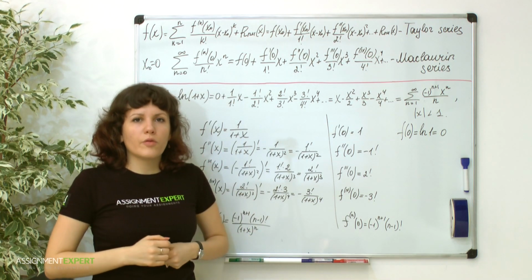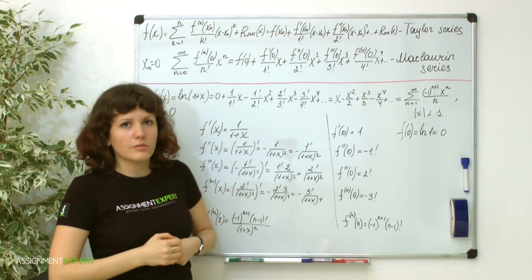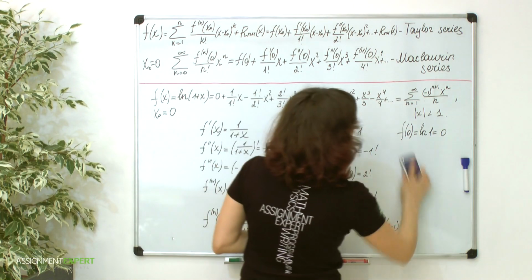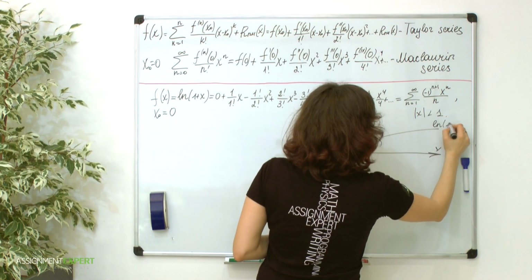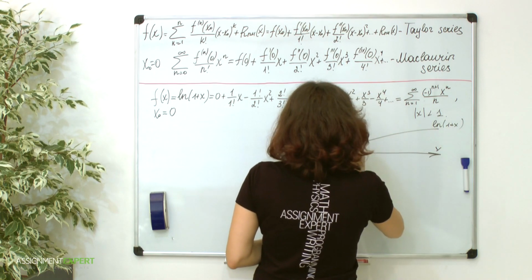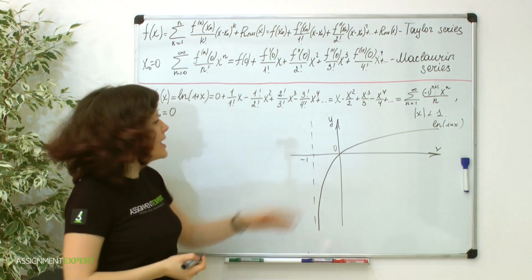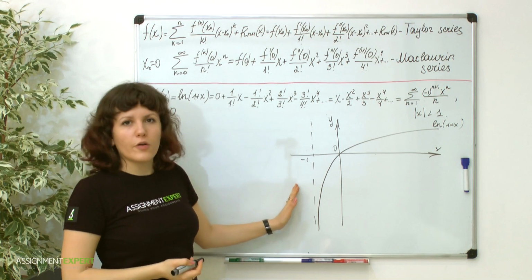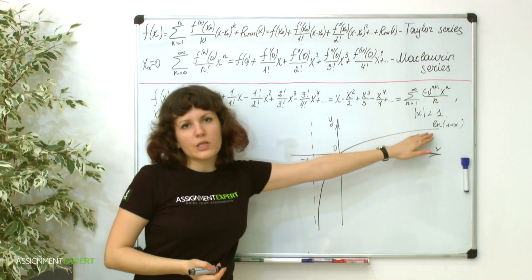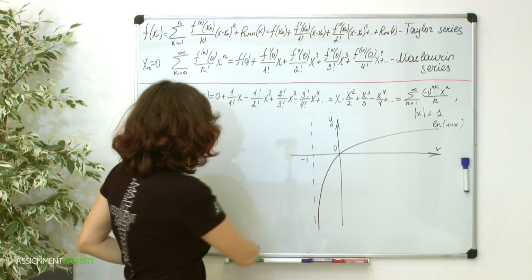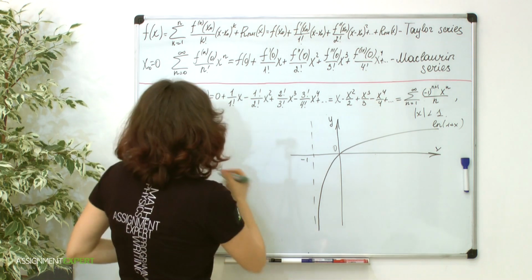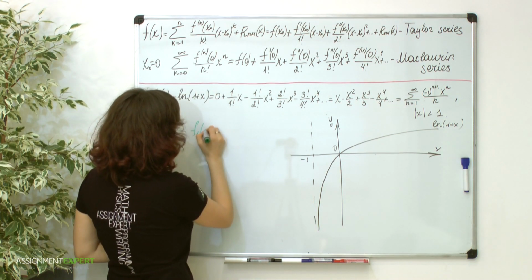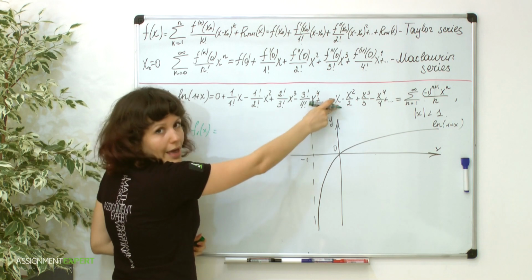Now let's consider a couple of approximations of our function. Here we can see the graph of our function, logarithm of the argument 1 plus x. The first degree approximation function f1 of x equals x.